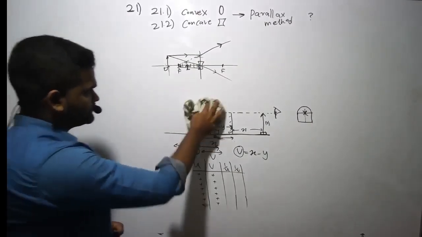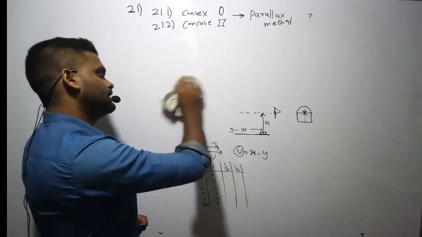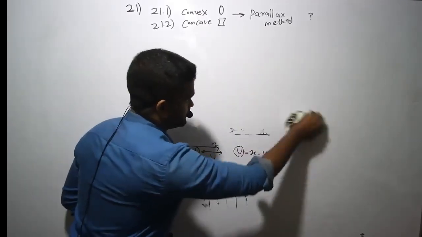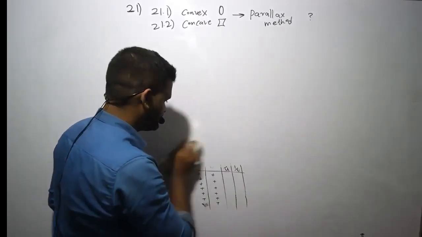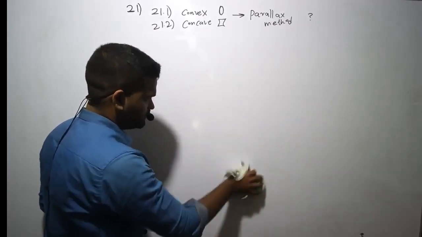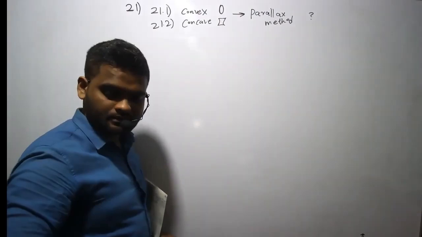So to get a more accurate value for the intercept, follow the method below.